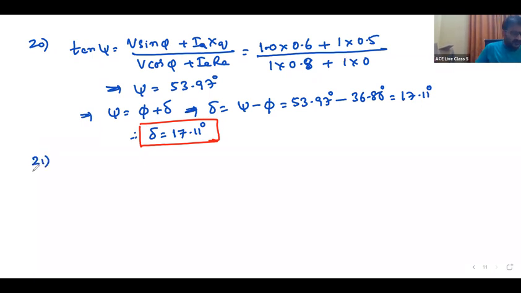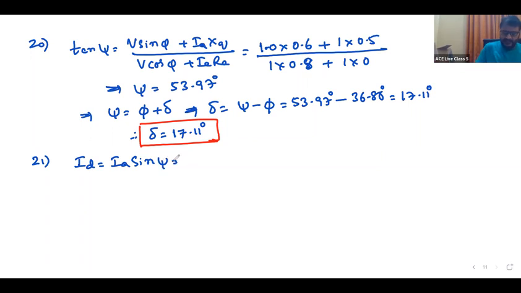Next, question number 21: the excitation EMF. E, the excitation EMF, is also called the generated EMF. For that, ID and IQ are required.